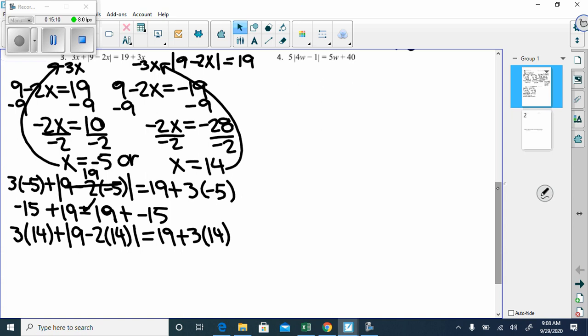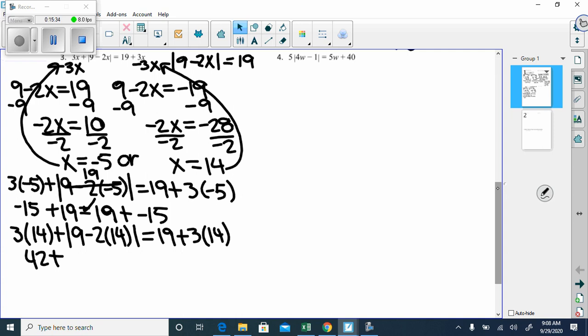Okay, and what is 3 times 14? Okay, so I have 42 plus, inside of here I've got negative 2 times 14, negative 28, so I would have 9 minus 28.